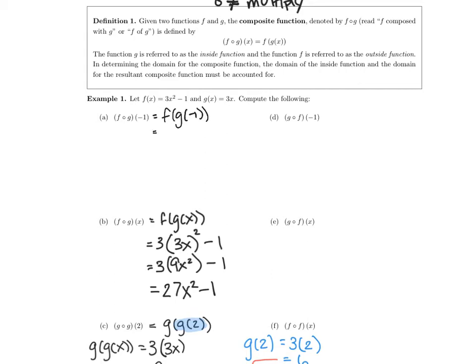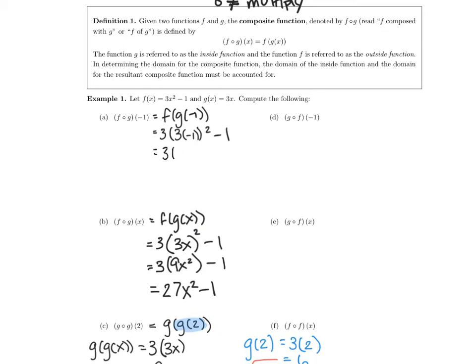So we can say this is 3 times -1 squared minus 1. You can see right here's my -1. Here is my g of x surrounded by my f of x. If you want to do it all in one fell swoop like that, you can, but there are other methods as well. From here, order of operations: deal with my parentheses first.